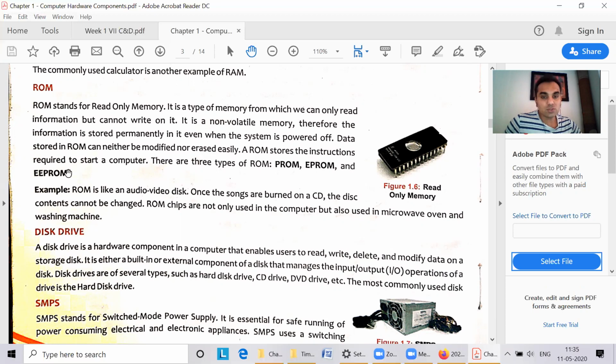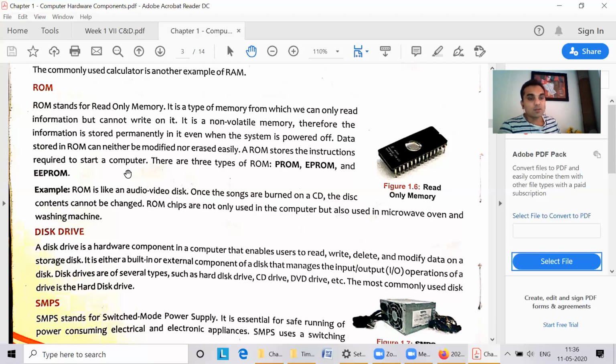A ROM stores the instructions required to start a computer. See, first ROM stores all the information required to start the computer. When the computer starts, then RAM comes into existence. But to start the computer, ROM is utilized. There are three types of ROM.